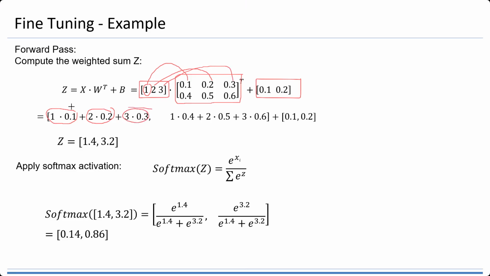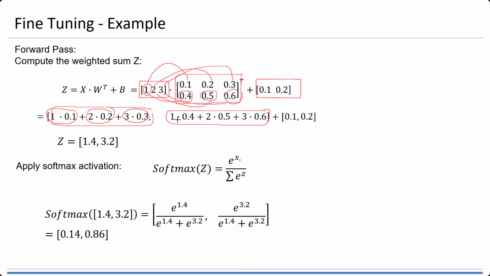This is the first, and then we also multiply 1 with 0.4, 2 with 0.5, and 3 with 0.6. Then we get this value.